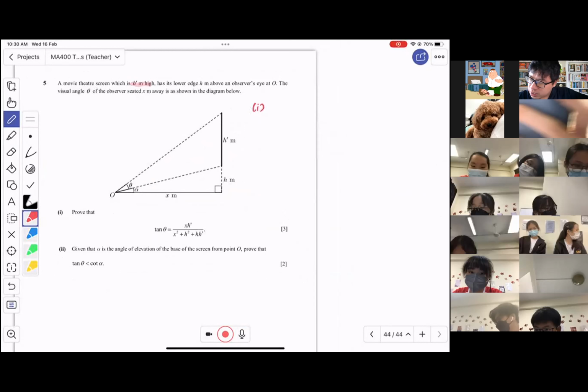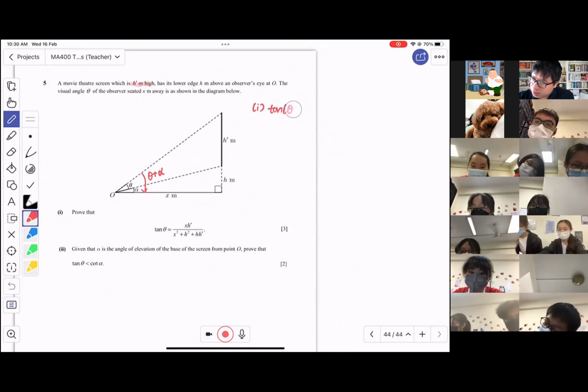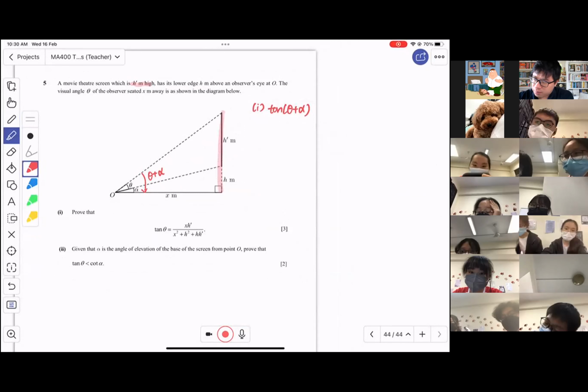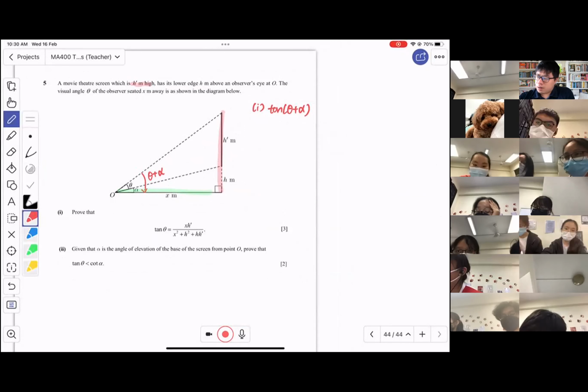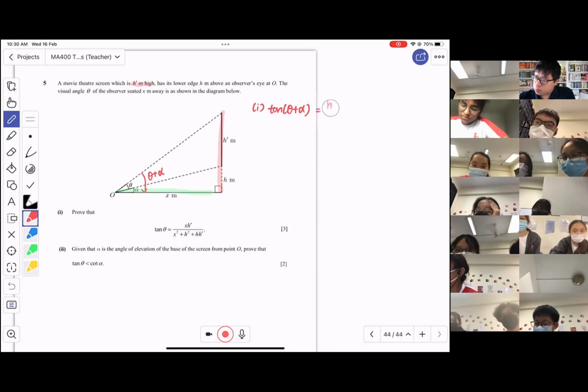If I know this is theta plus alpha, then the tangent of theta plus alpha, if I use the opposite over adjacent of the H prime and green triangle, is the same as H prime plus H over X.